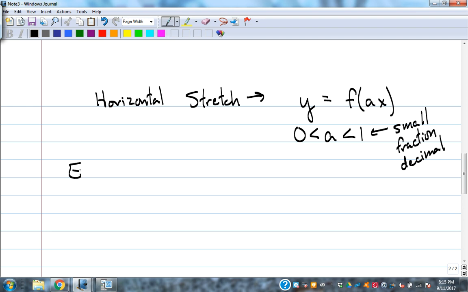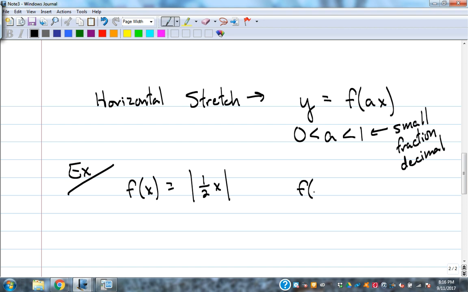An example of that, using the same idea as what we've been doing: instead of on the outside, it's a number on the inside. It's 1/2 x, something like that. The horizontal is the opposite way on the numbers. It's a stretch when that's a small number in there. It's a shrink or a compression when it's a big number in there.